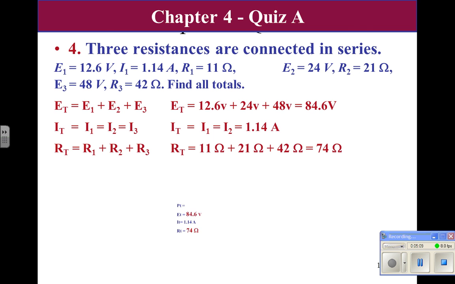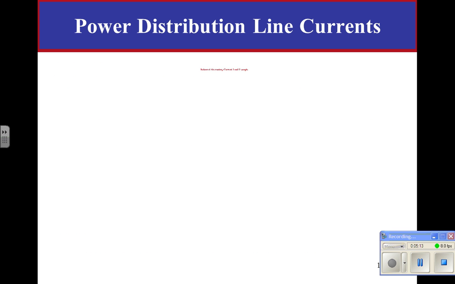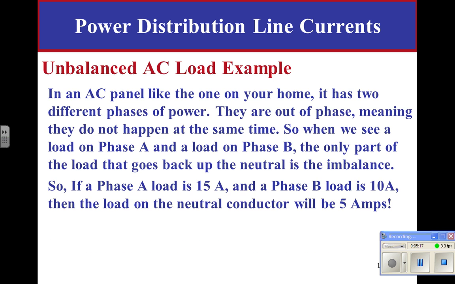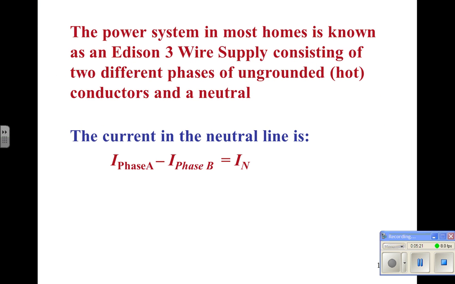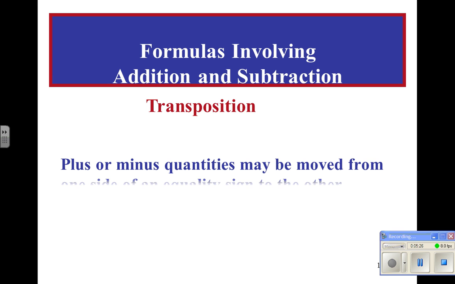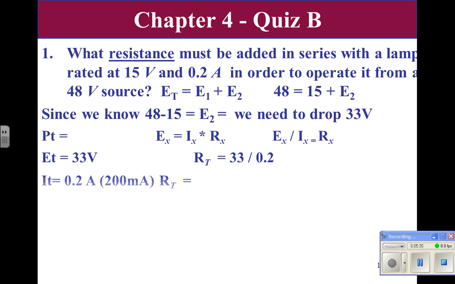I don't want to get into this problem either. Unbalanced AC load. We don't even want to talk about an unbalanced AC load, I don't think, just now. Transposition, a mathematical idea we do need to talk about.